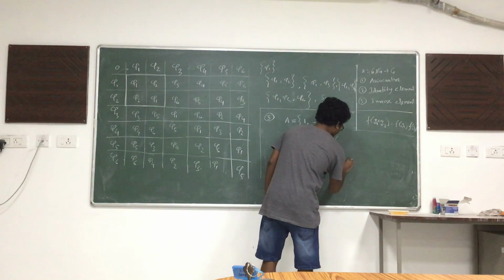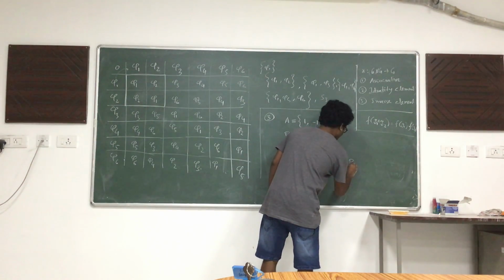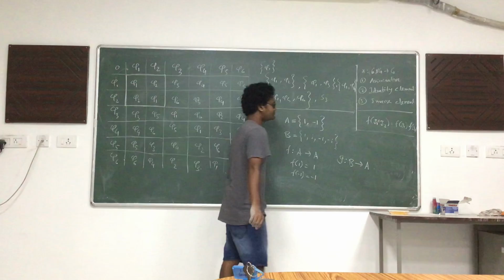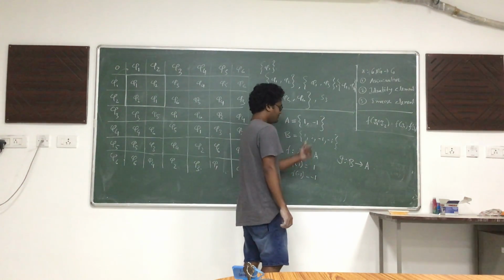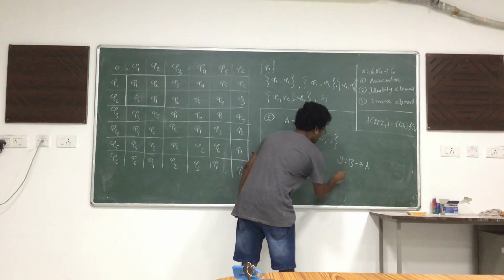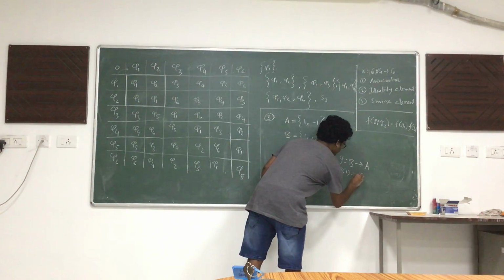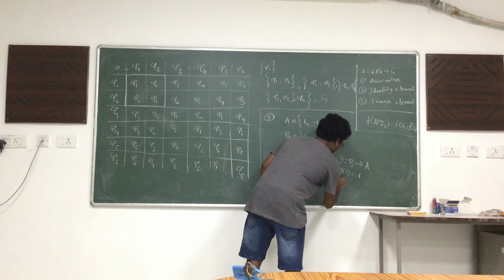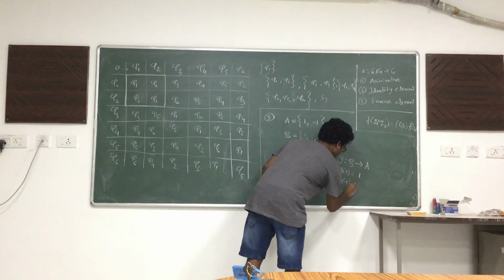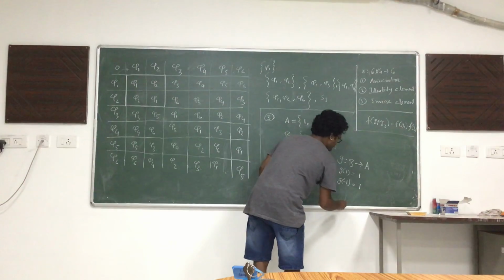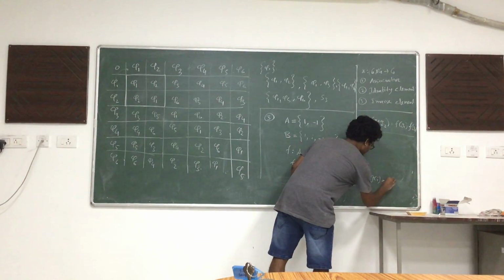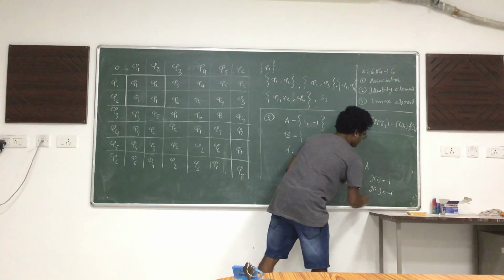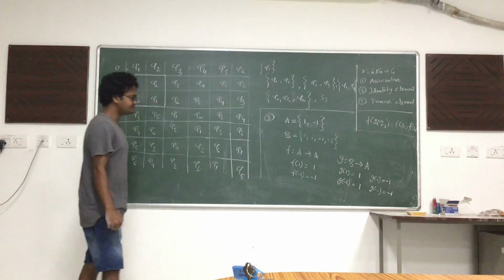Wait, let us define G to be a function from B to D. And for these four different elements, I'm specifying this rule. G of 1 is 1, G of minus 1 is also 1, G of i is minus 1, G of minus i is minus 1. Is this a homomorphism?